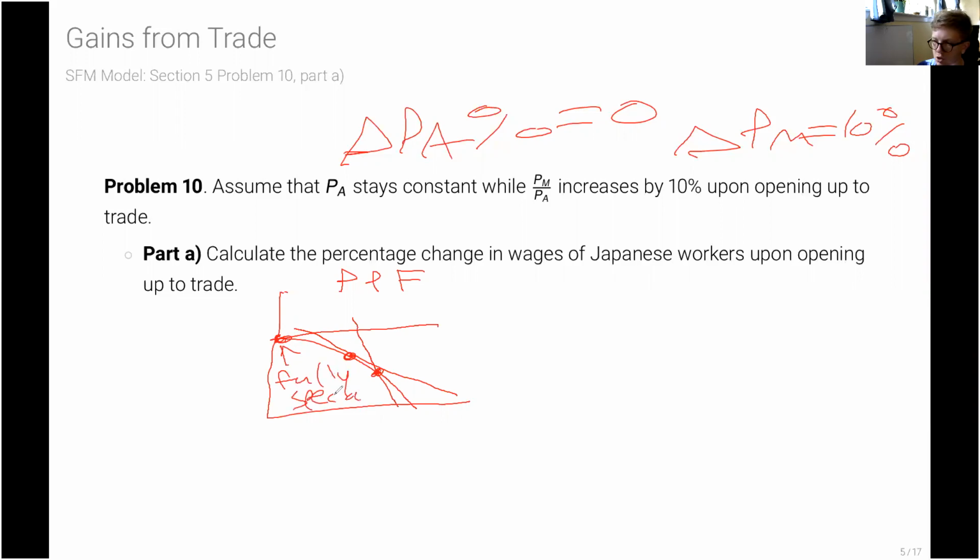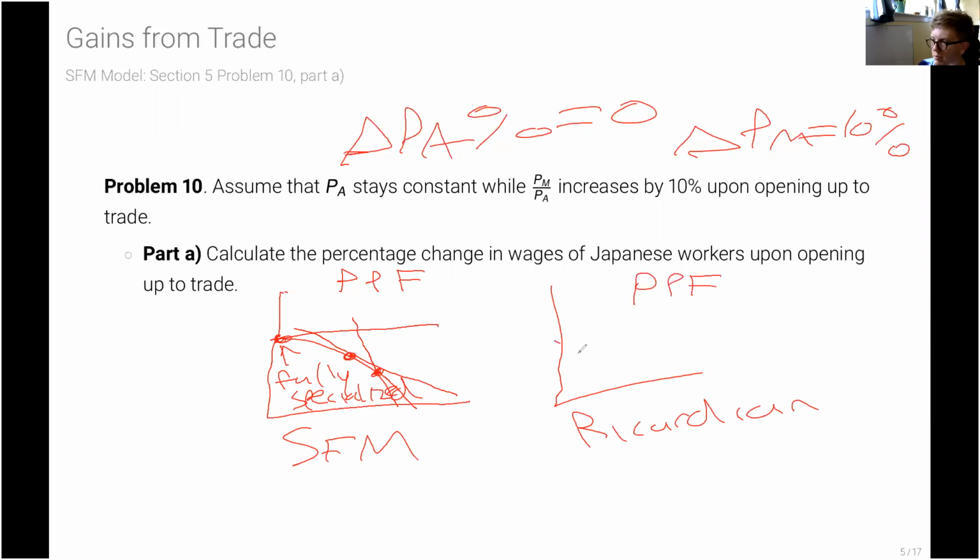So it's going to be much harder for us to be fully specialized in the specific factors model compared to the Ricardian model. So this is the specific factors model, or SFM, and this is the Ricardian model. Well then, if I draw my PPF in the Ricardian model and examine any given relative price, you're going to see that as long as the relative price is not equal to the autarky price, or the slope of the PPF, then we're going to see full specialization.